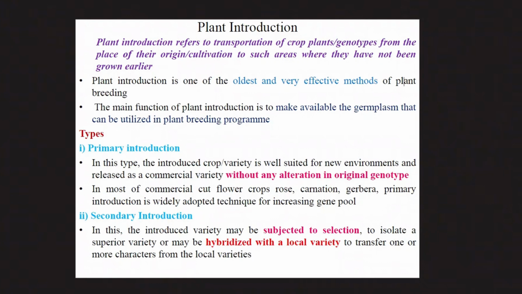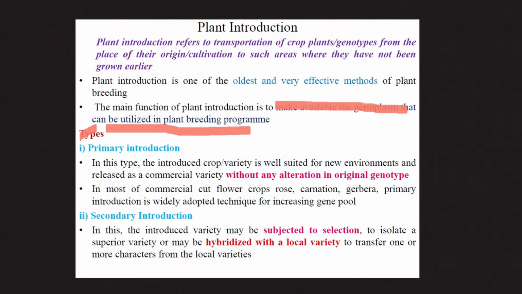Plant introduction is one of the oldest and most effective methods of plant breeding. The main function of plant introduction is to make available the germplasm that can be utilized in a plant breeding program. And there are two types of plant introduction.